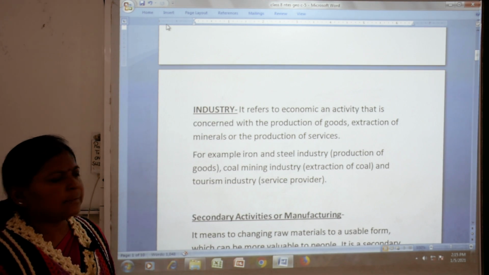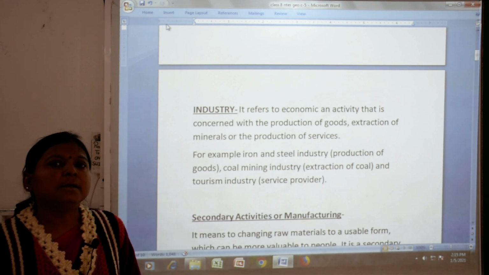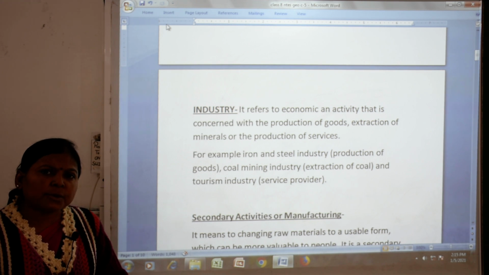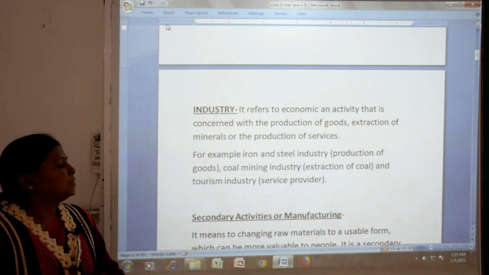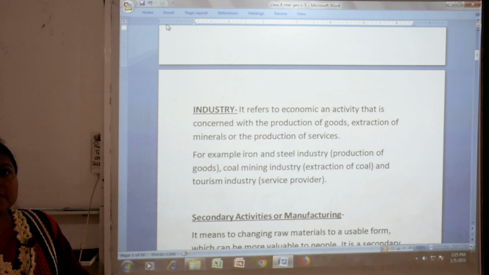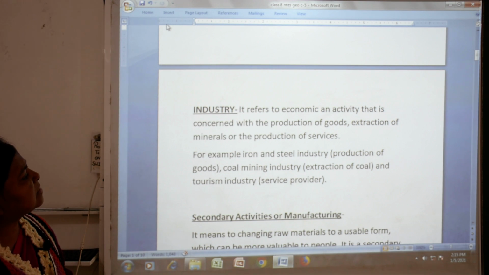What is an industry? I already explained that it refers to an economic activity concerned with production. Industries are producing goods, extracting minerals, and providing services. For example, we can see iron and steel industries and cement industries.